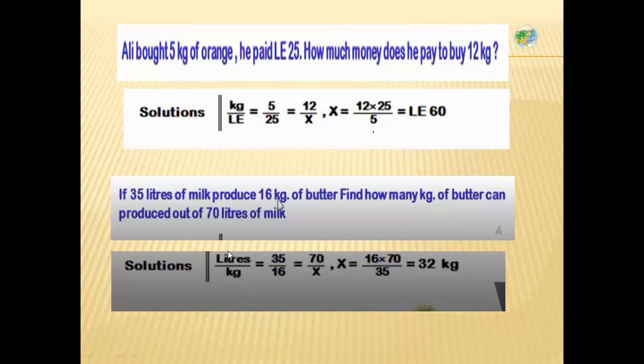The number of liters first was 35 over the produced 16 kilograms of butter equals 70 liters over how many kilograms of butter can be produced out of 70 liters of milk. By cross multiplication, 16 times 70 over 35 equals 32 kilograms.